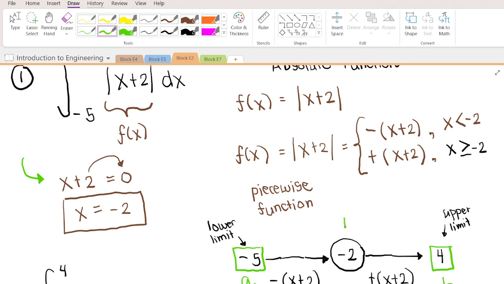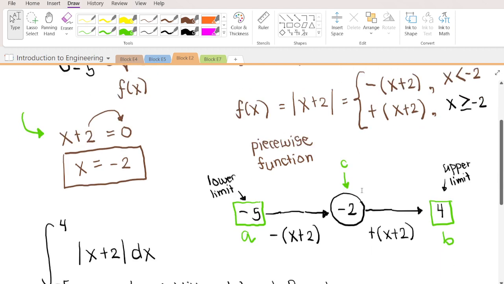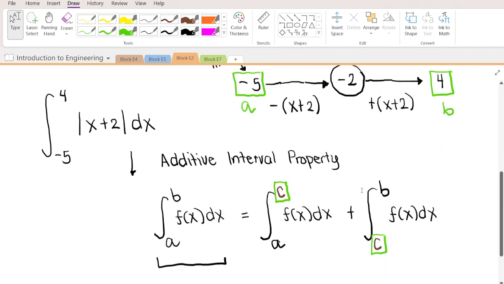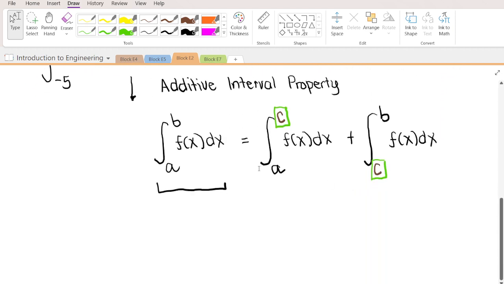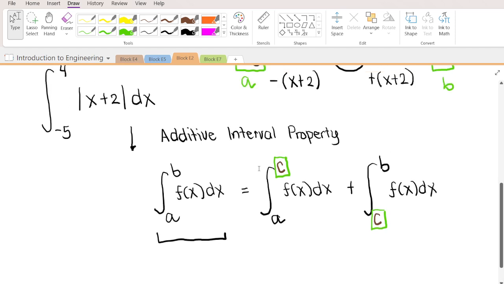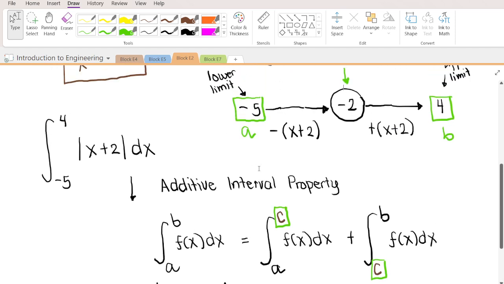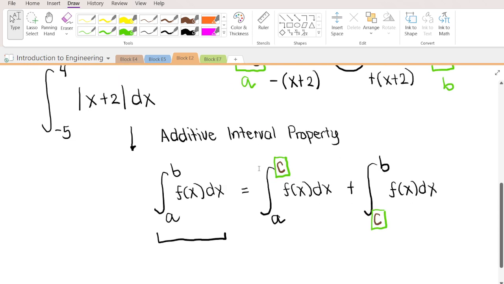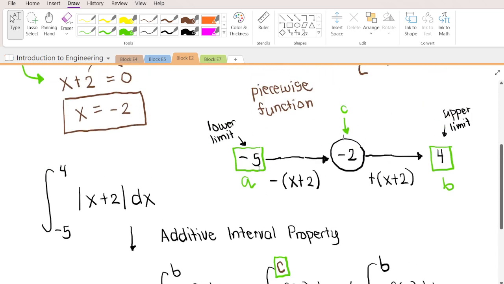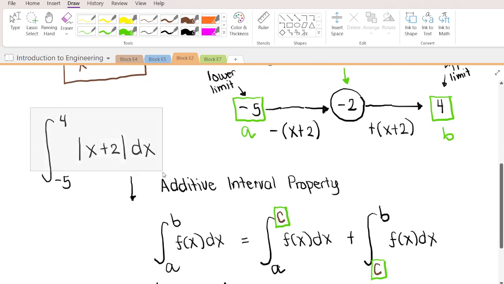So basically, this is the number c that I am referring to in conducting the additive interval property. So we are going to apply the additive interval property to integrate the absolute function that is given here in this example.